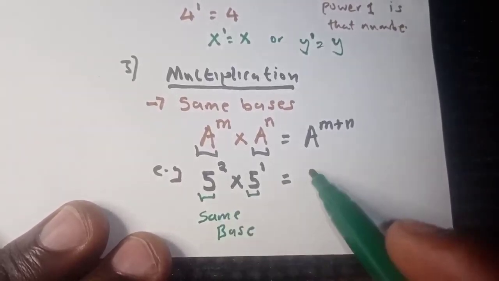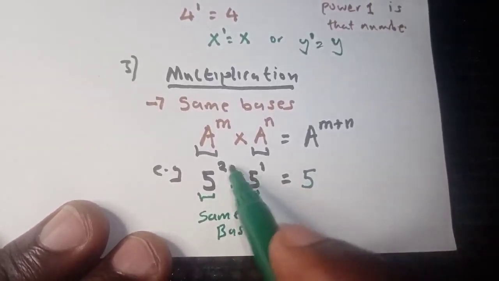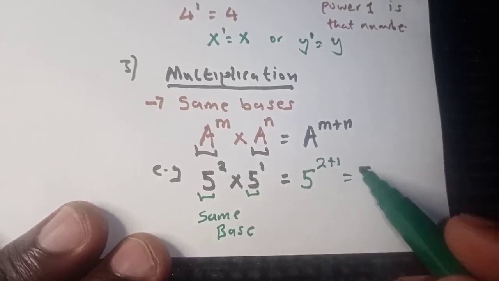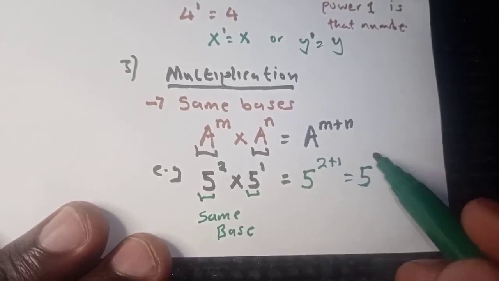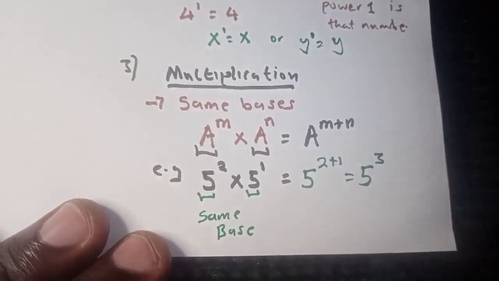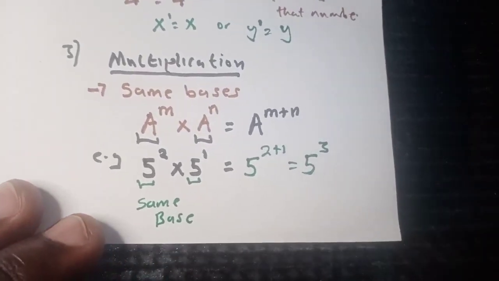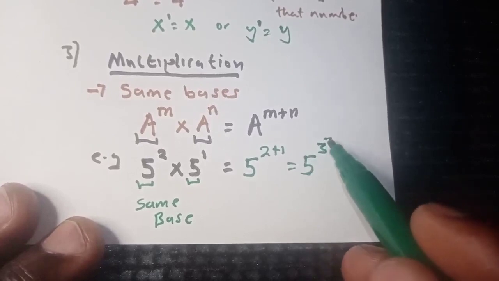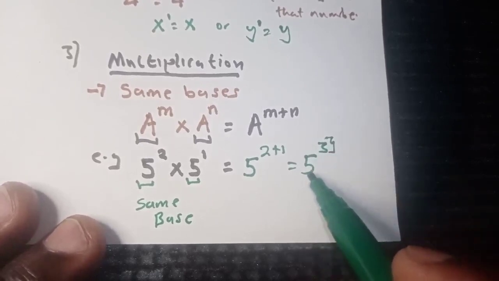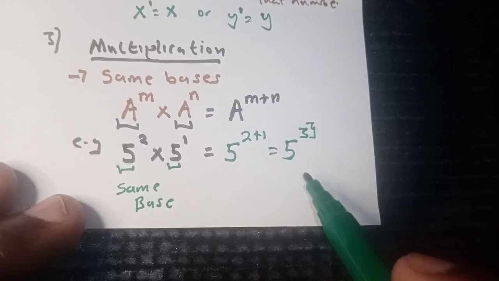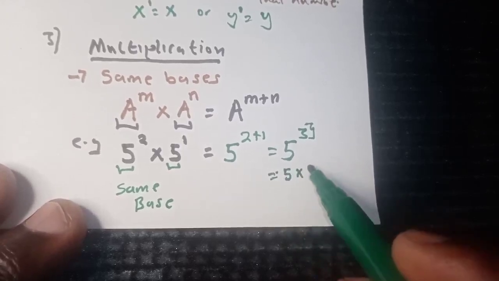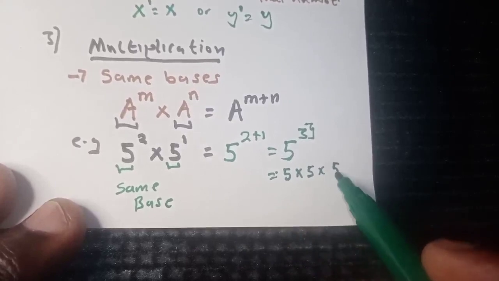So you get the base, add the powers, 2 plus 1, and this will be 5 to the power... 2 plus 1 is what? 3. Now, do you just end here? No. So this 3, what is it telling you? It tells you to multiply 5 by itself 3 times. So this will be 5 by 5 by 5.